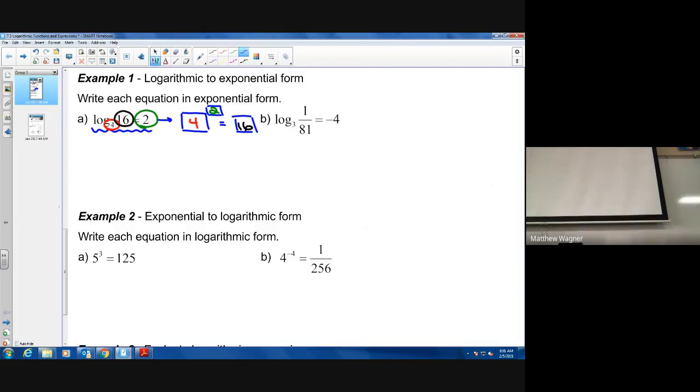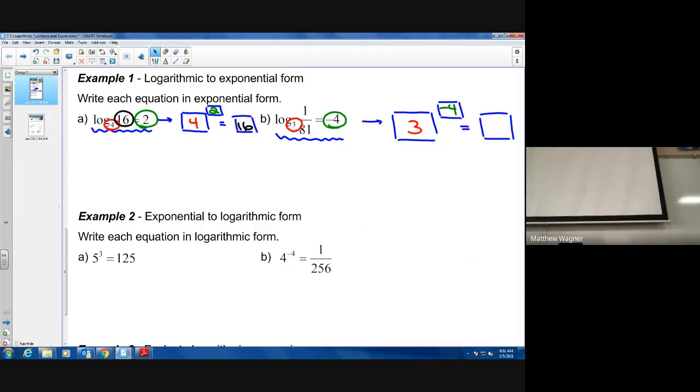Same thing's going to happen here. So we have a logarithm base 3 of 1/81. We want to write this in exponential form. So we have a base, a power, and an answer. All right. So my first step, the base is going to be 3. The base of the log is the same as the base of the power. The answer is my power.